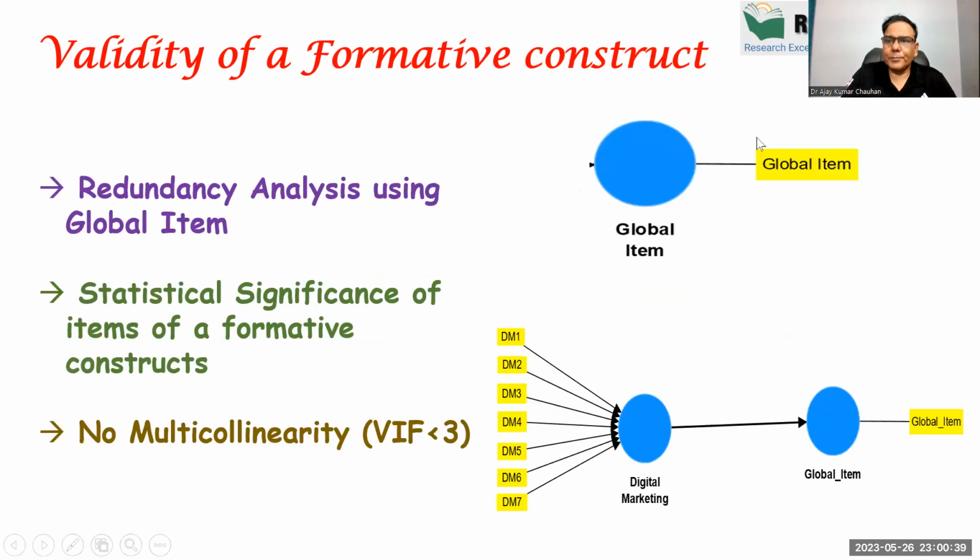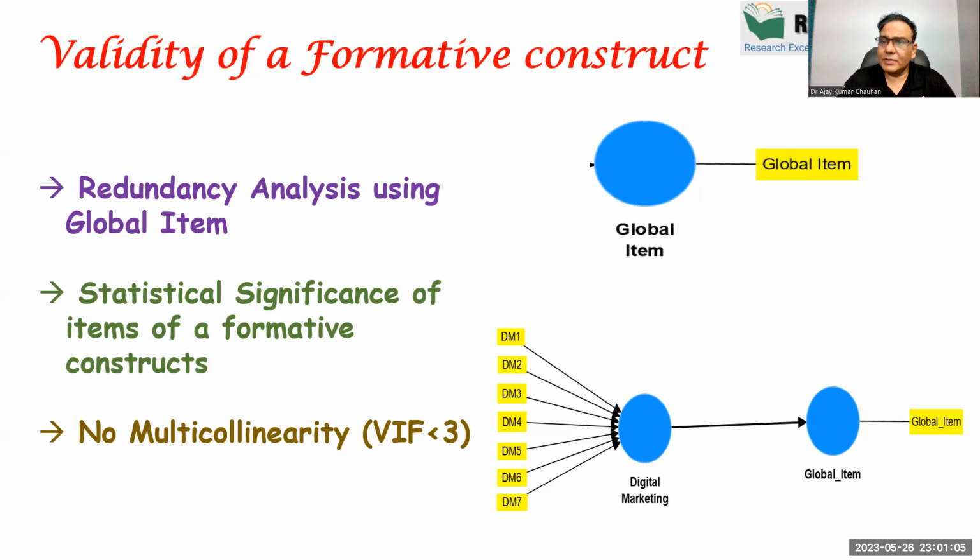Now, if you see in this slide, we are having an analysis called redundancy analysis. And the redundancy analysis can be used as a substitute of convergent validity of a formative construct. The redundancy analysis can be done with the help of a global item.